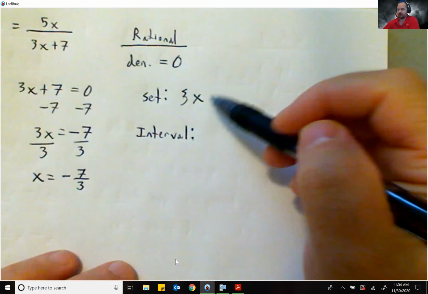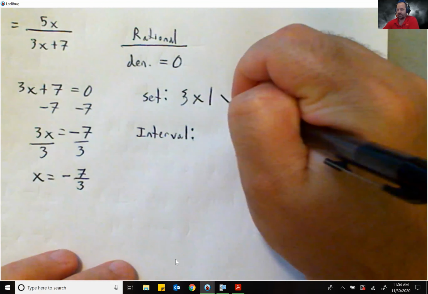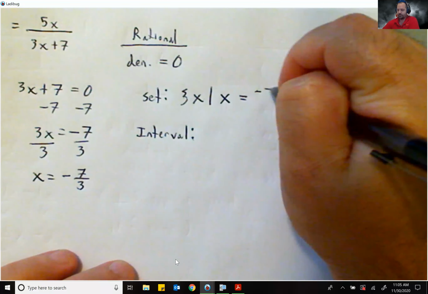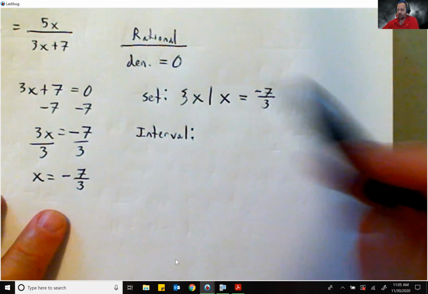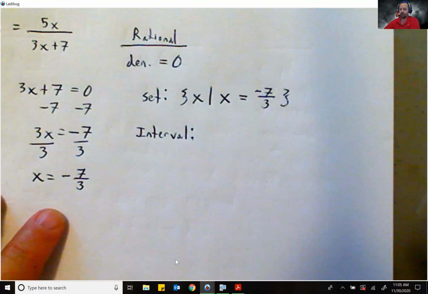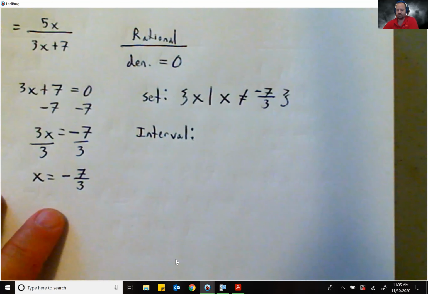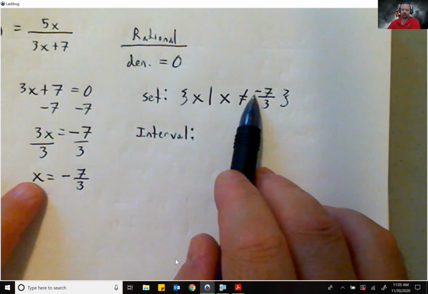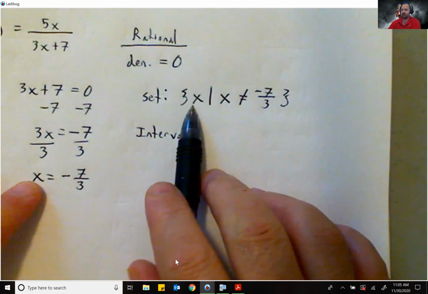Get your little squiggles, your x with a line, and then pretty much inside here, you're going to write your equation, your answer part, and you're going to do one little thing. Put a line through the equal sign. There's set.